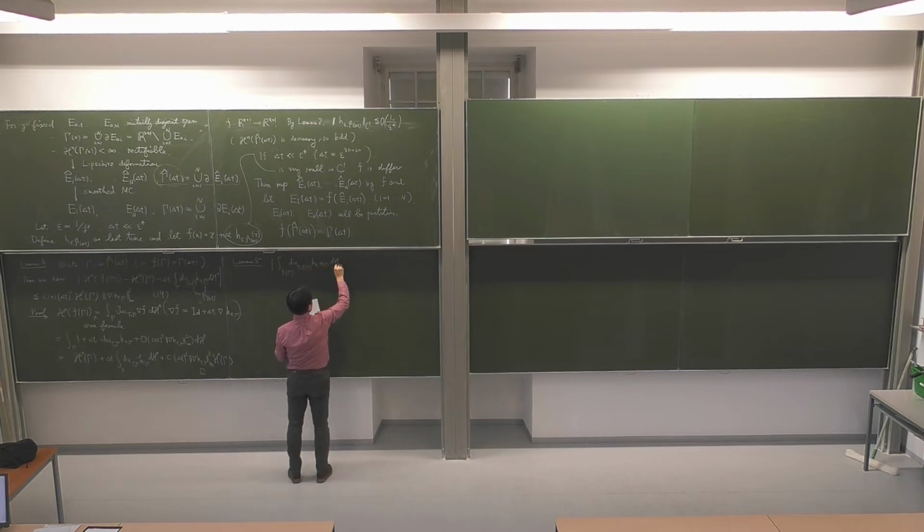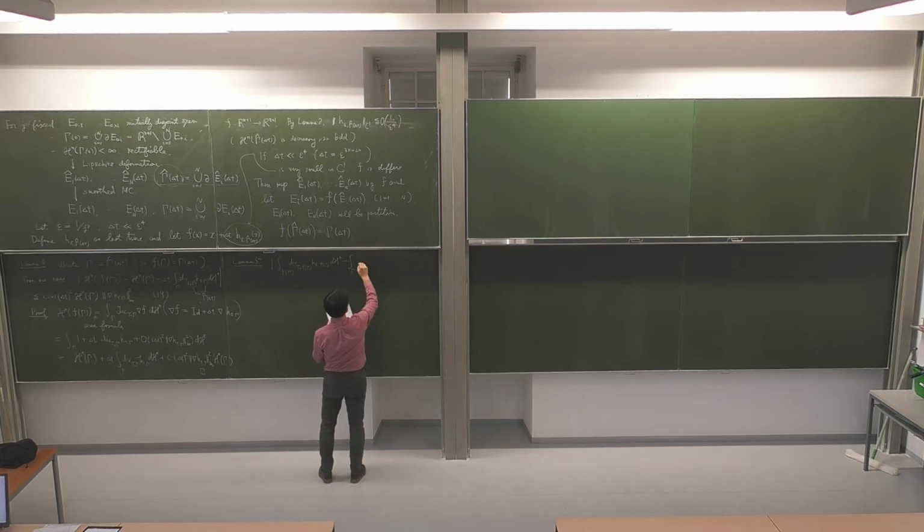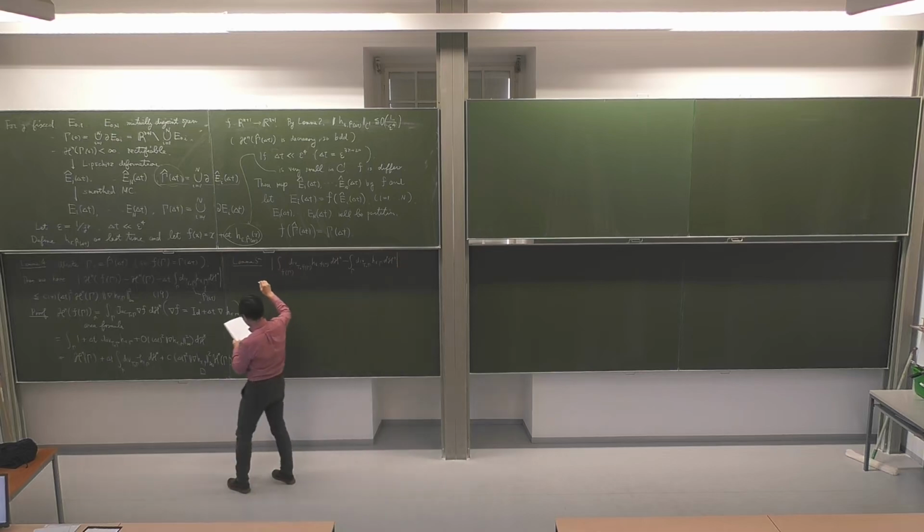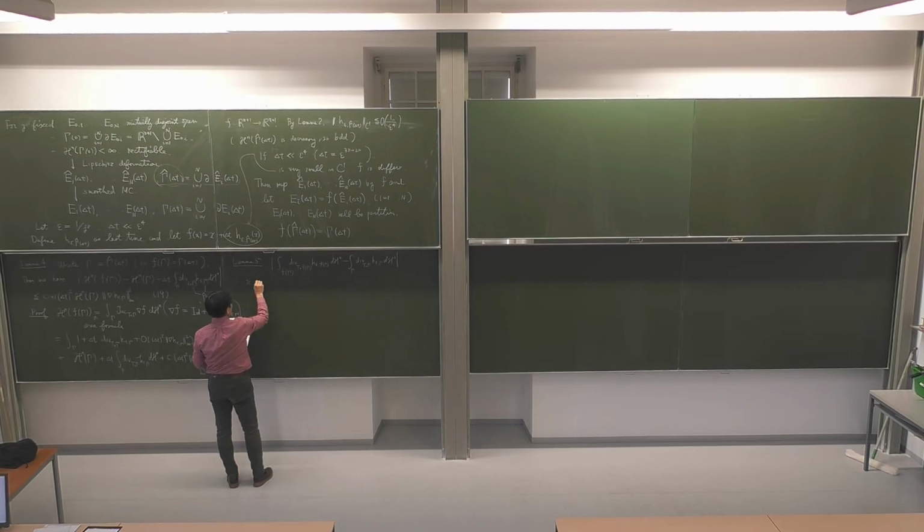This difference, tx of h of epsilon gamma, can be bounded by delta t times epsilon to some power.